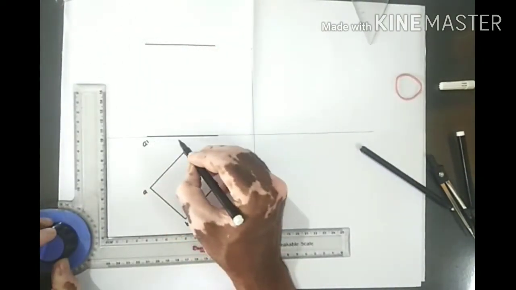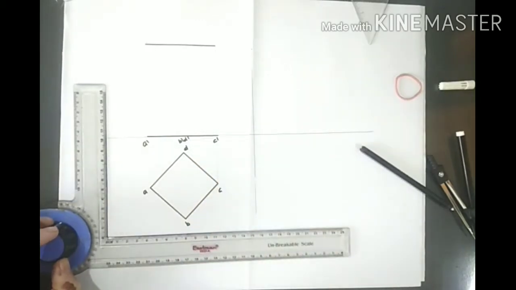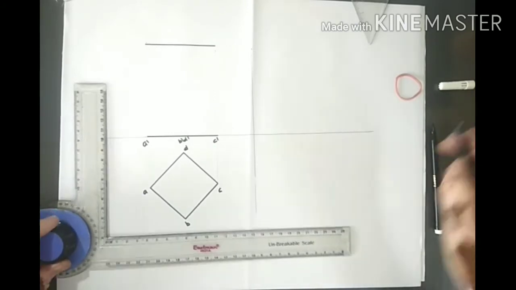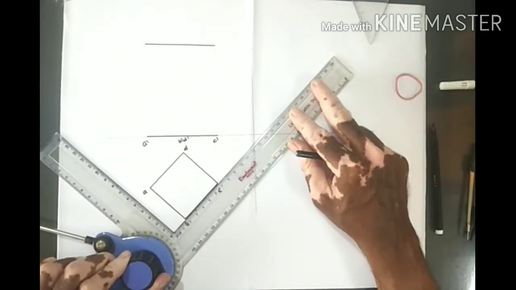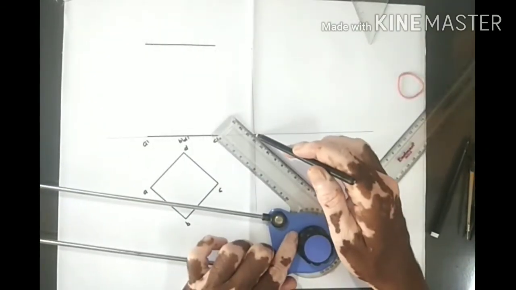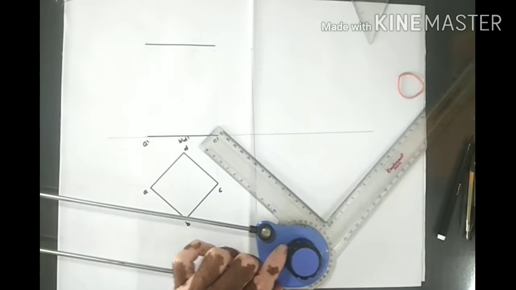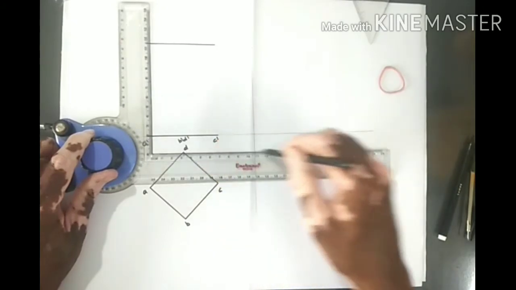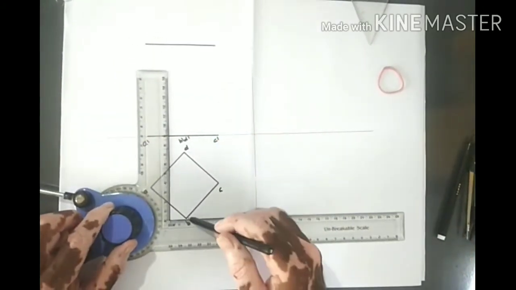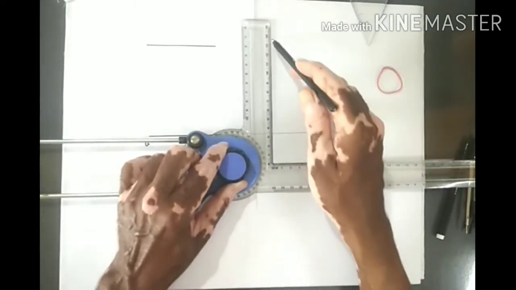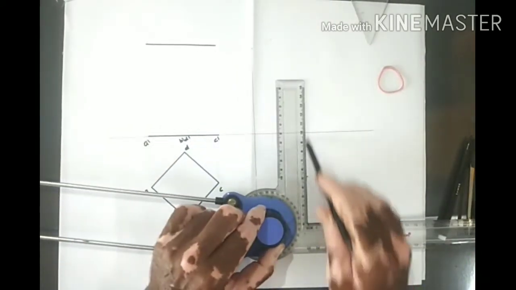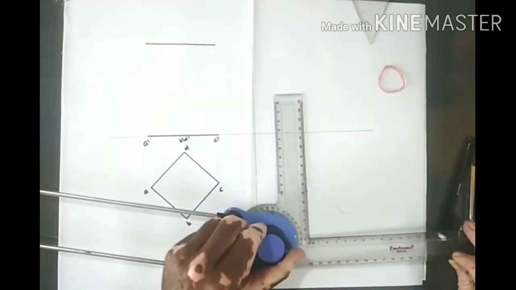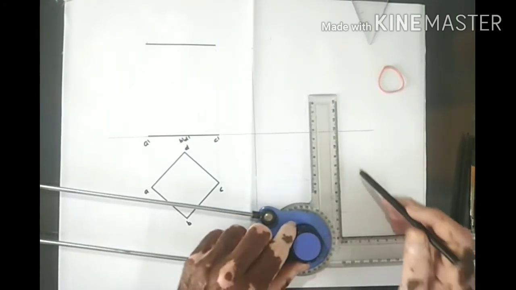A dash, B dash, D dash and C dash, and side will be also rectangle. So side view is 45 degree, and project the square prism from top, width from top, and height will be from front.